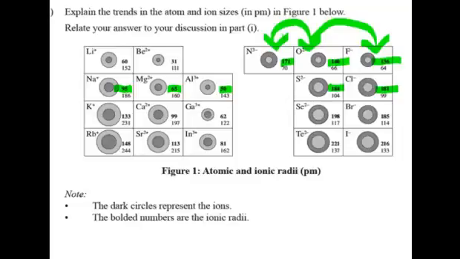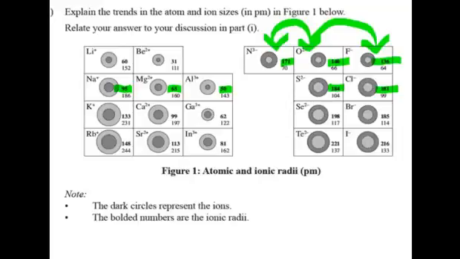So even though we've got more electron repulsion, which makes them bigger than the atomic radius, as we go across we get more nuclear charge, which means we're going to get a stronger attraction. So we would expect as we go across for the ionic radius to get smaller, which it does. Okay, and if we do a good job of talking about that, we should be able to get full marks for that.